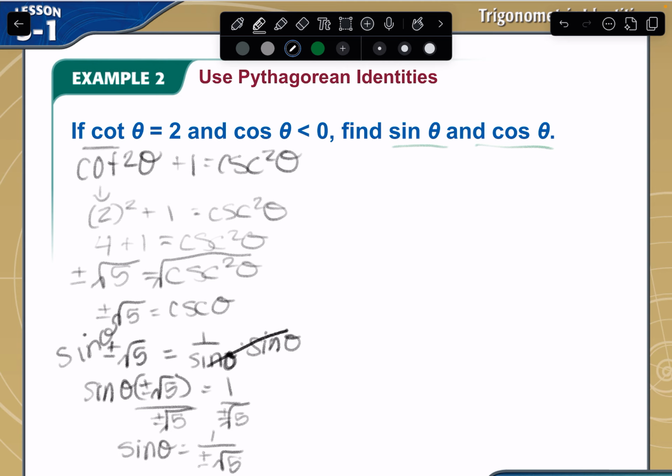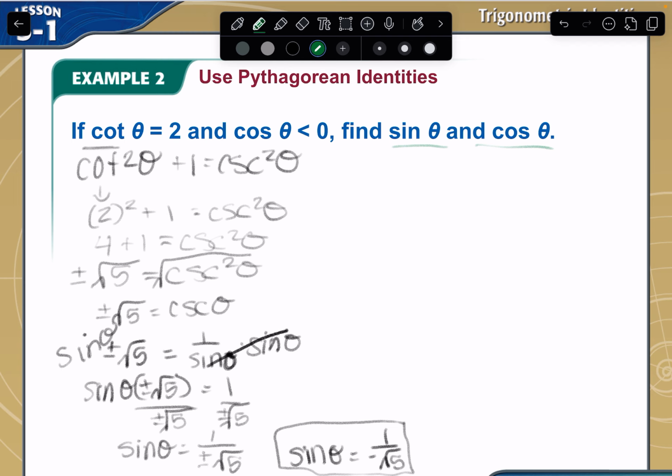Because it's talking about something that's less than 0, I'm going to have to pick the negative value. So my answer for sine would be that sine is equal to 1 over the negative square root of 5. So far I have found my sine value. I still need to find my cosine value.